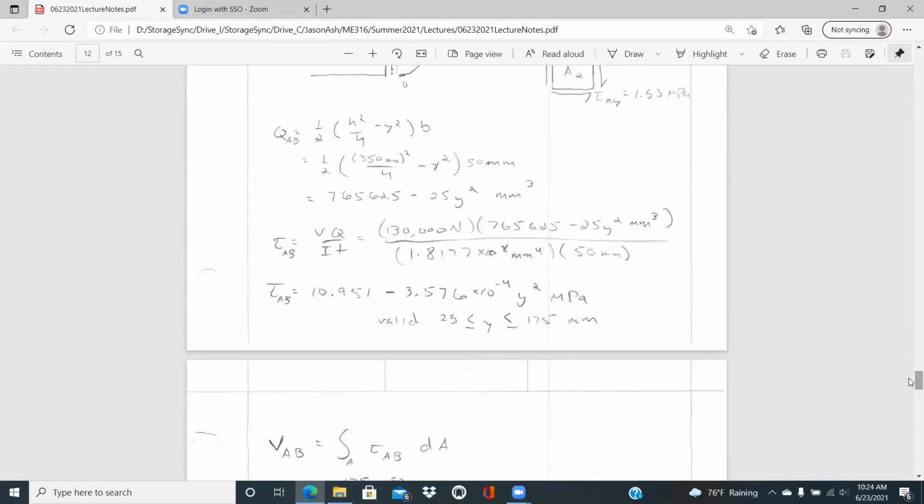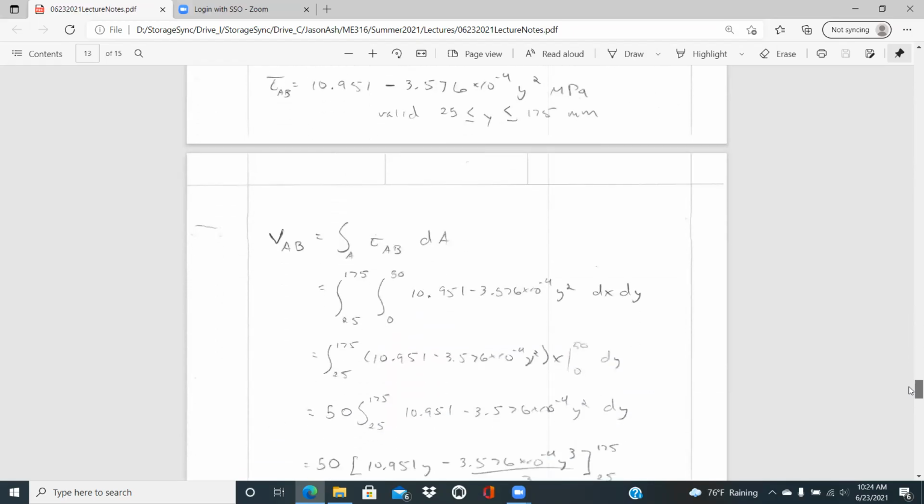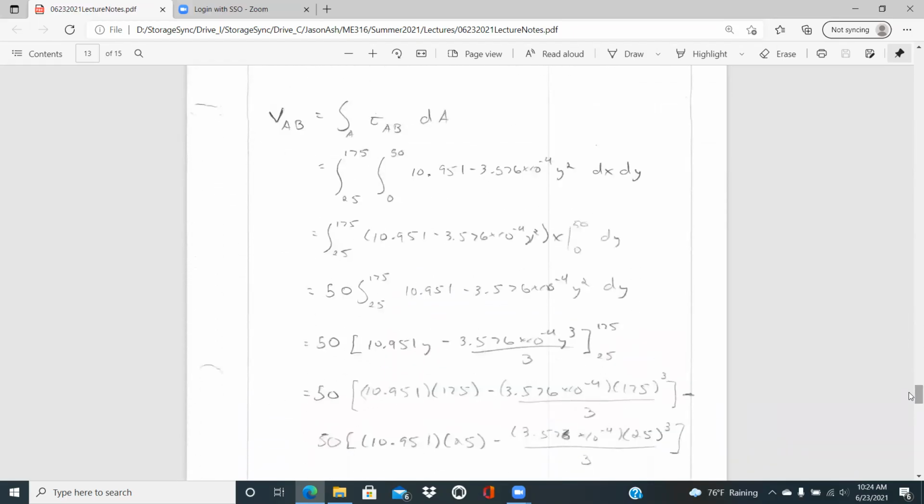But in terms of figuring out the amount of force carried by that top section AB, you have to remember back to, I believe it's chapter 1-2 type content, where your shear stress is defined such that the shear force AB is equal to the integral of your shear stress AB times dA.